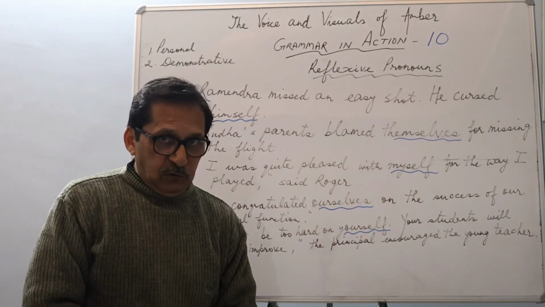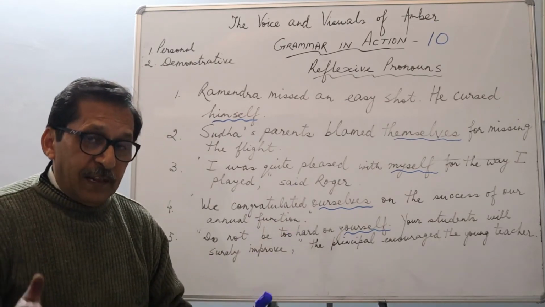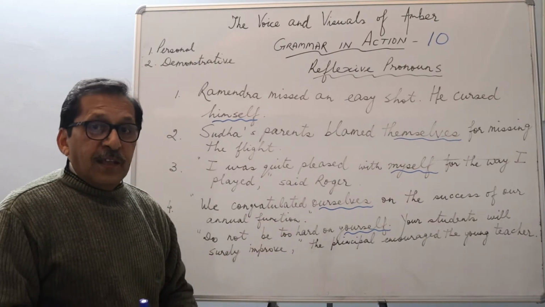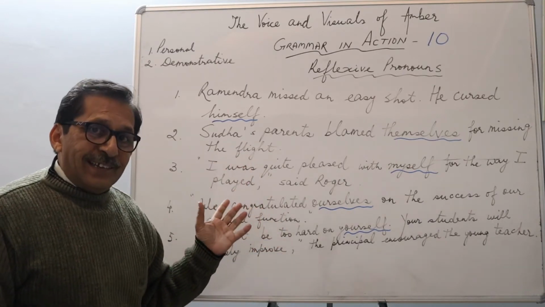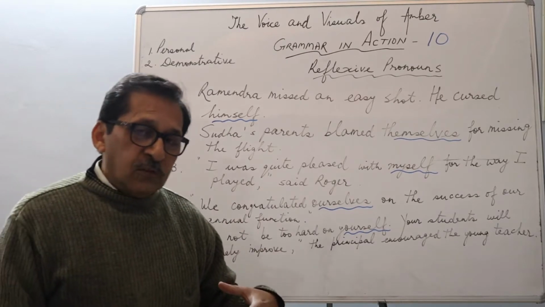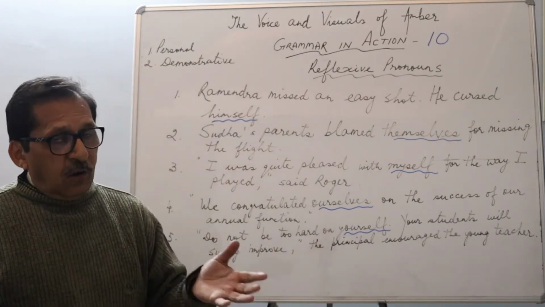We continue with pronouns, and if we have a very quick recap, we've already seen personal pronouns and demonstrative pronouns. And we also know that pronouns replace nouns. So in every sentence that we show you as an example, the pronouns have to perform one of the functions of a noun.